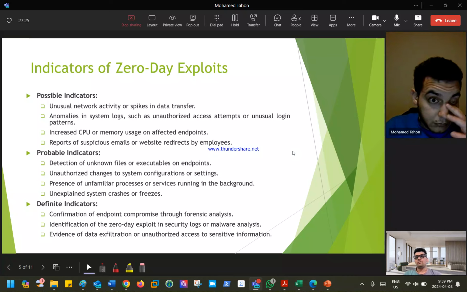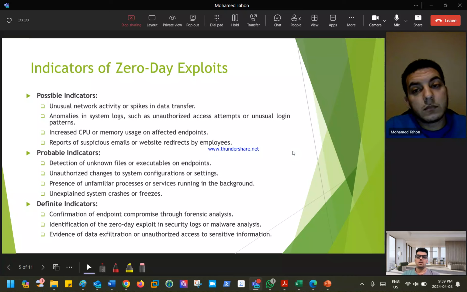So in this slide we are going to discuss the indicators of zero-day exploitation. These are different categories. The first category is the possible indicators. This is something like an assumption: unusual network activity or a spike in data transfer. Anything unusual that you detect may be a possible indicator of a zero-day exploit.